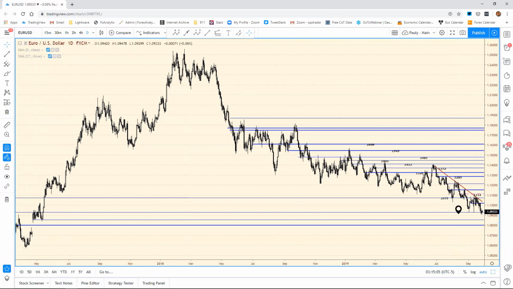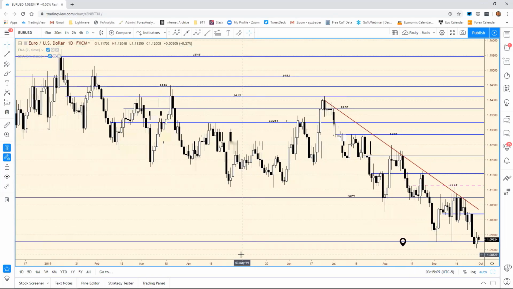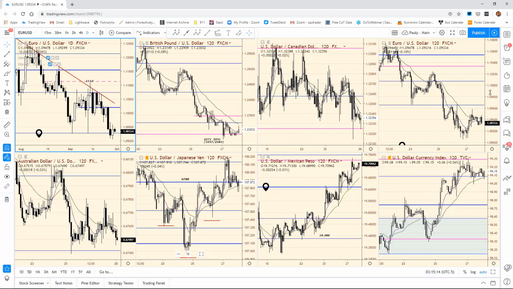On the upside, let's take a look at this. Well, this euro's in a whole heck of a lot of trouble. Let's take a look at it on the 2-hour chart.